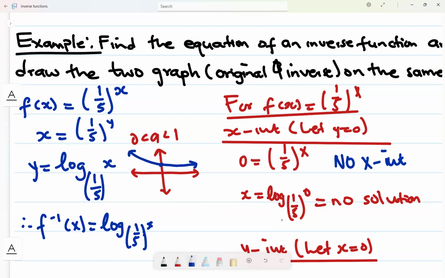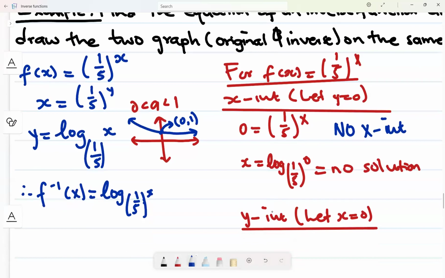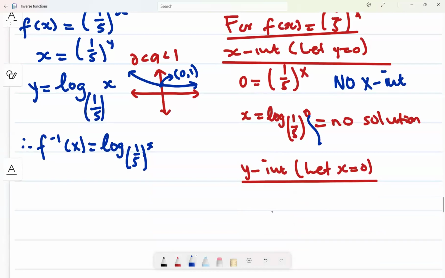And always this point here, when you have a standard graph like that, it is 0 and 1. So can you see there is no x-intercept? Why? Because you have a horizontal asymptote at y equal to 0. Now let's find the y-intercept.